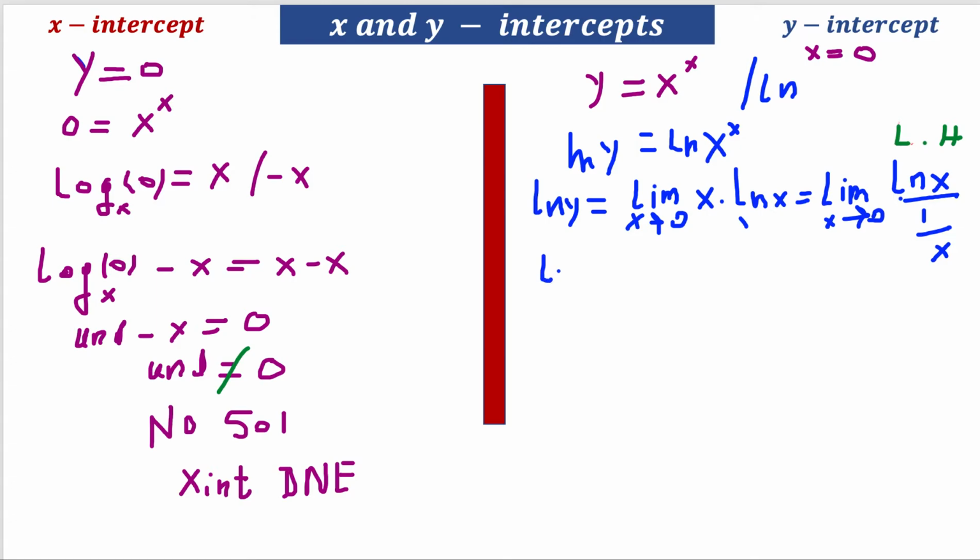And ln y is equal to the limit as x goes to 0, and the derivative of ln x is 1 over x, and the derivative of 1 over x is minus 1 over x squared.